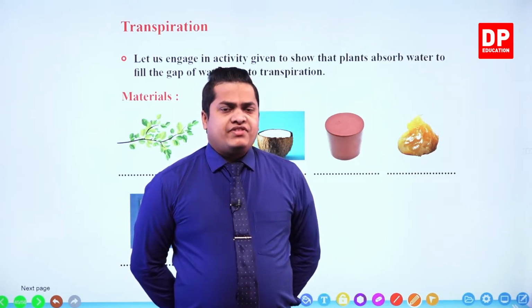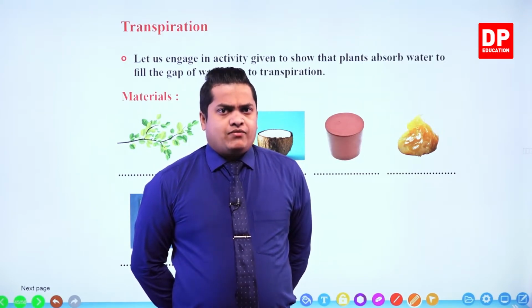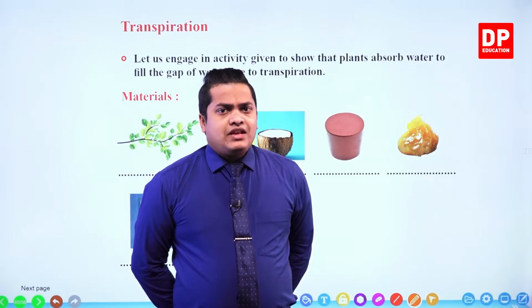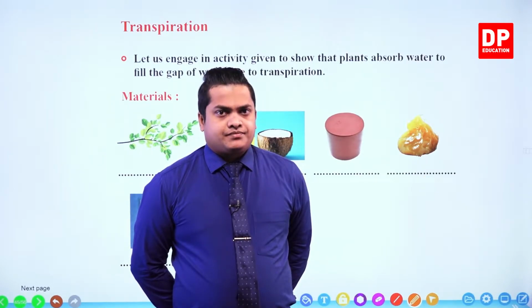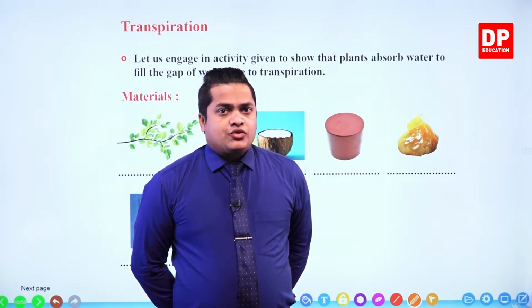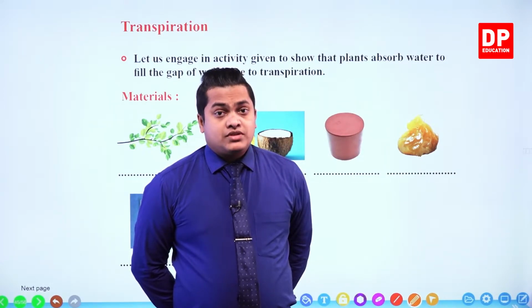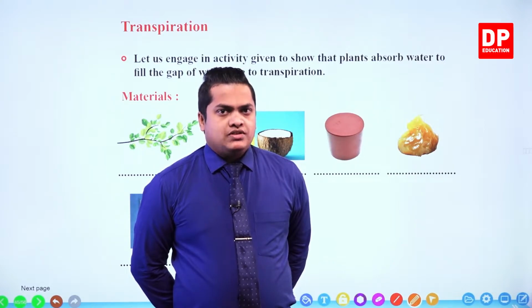So if the plant transpires water to the environment, the plant will lack water at certain times. That means the plant has to absorb water to close the gap between the water levels caused by the transpiration process.